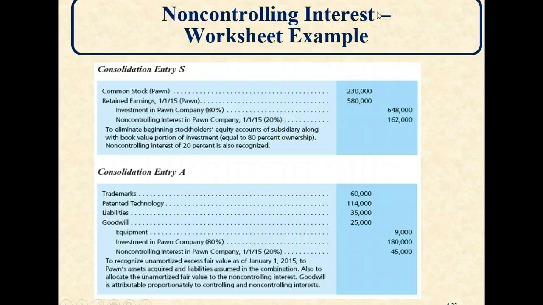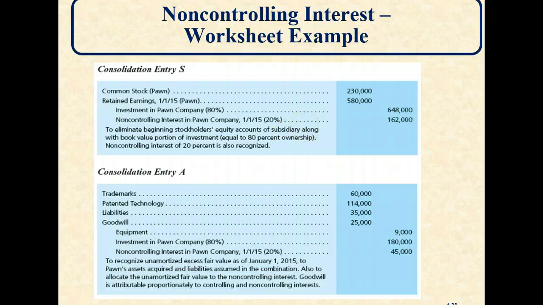So this basically eliminates the stockholders' equity section in the subsidiary, eliminates the common stock and the retained earnings at the beginning of the year, and we take 80% of this, apply it to our investment, and 20% gets applied to the non-controlling interest.